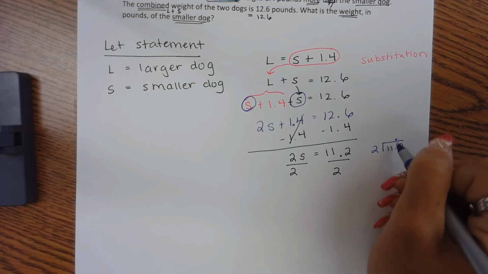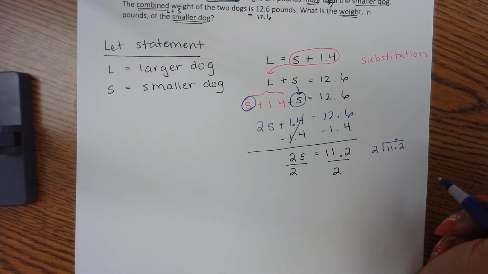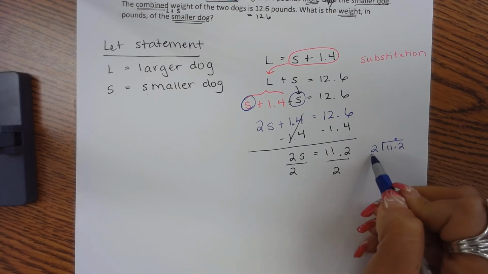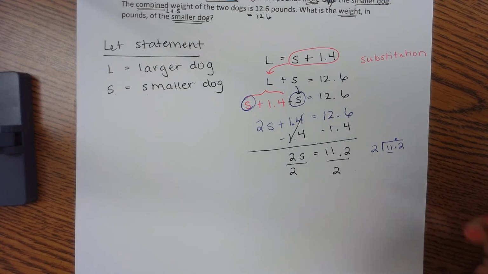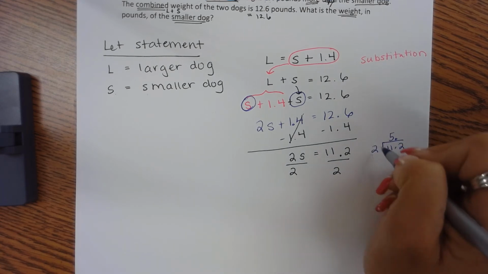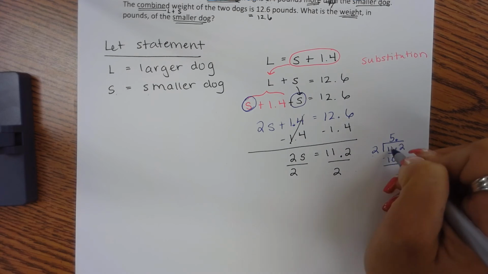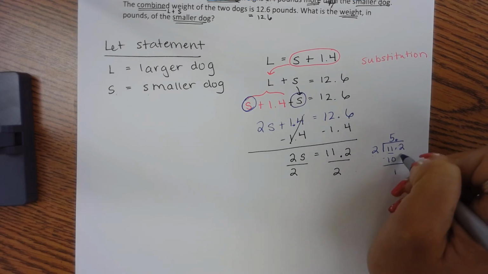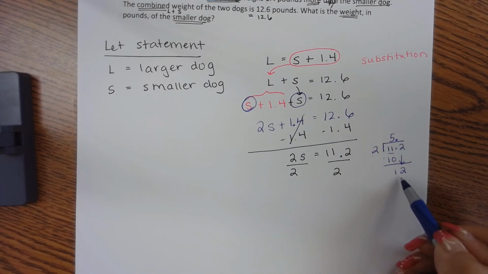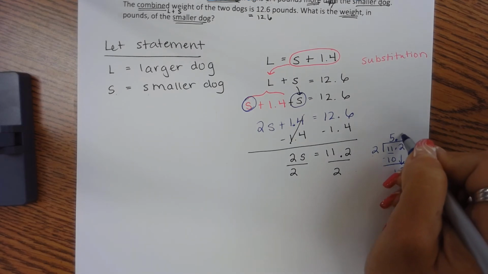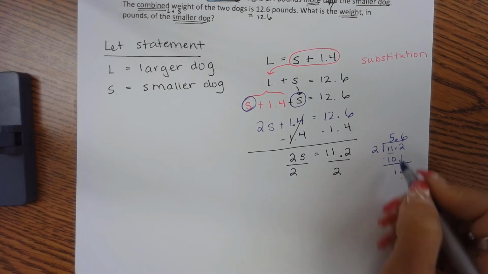I like to go ahead and just bring my decimal up. So 2 can go into 11 how many times? 5 times, because 5 times 2 is 10. So 11 minus 10 is 1. Bring down your 2. 2 can go into 12 how many times? 6 times. 6 times 2 is 12.